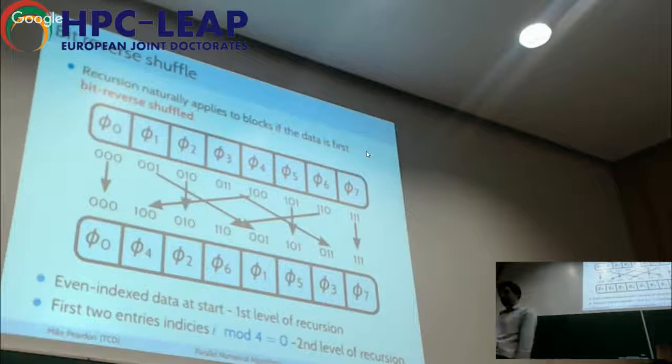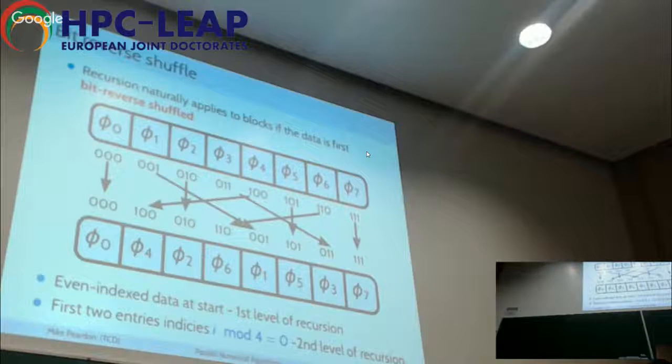So as a first step, let's take our array that we're trying to construct the Fourier transform of and just shuffle it, move the data around. No arithmetic here at all, no multiplications or additions. We're just shuffling data. I want to shuffle it into a format where this recursion applies more naturally.